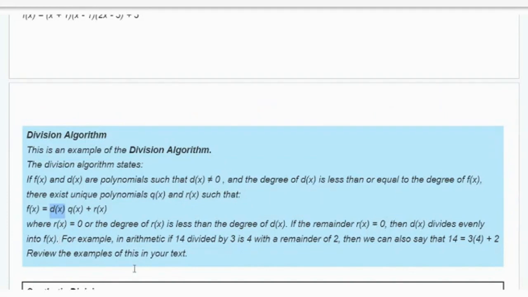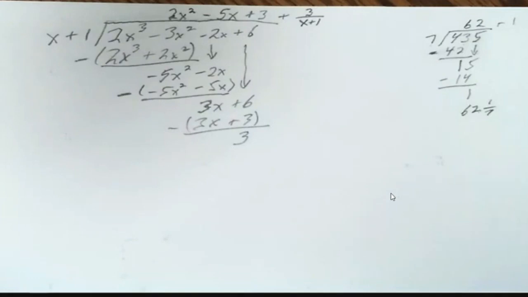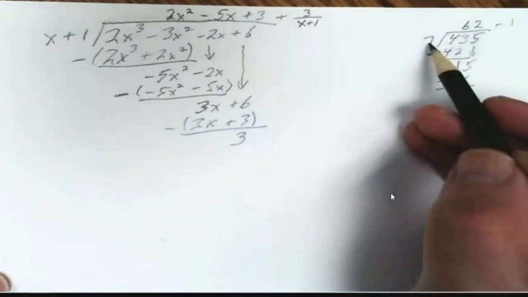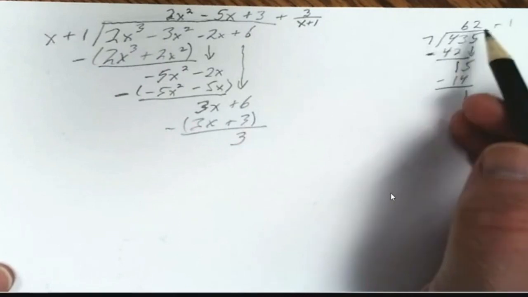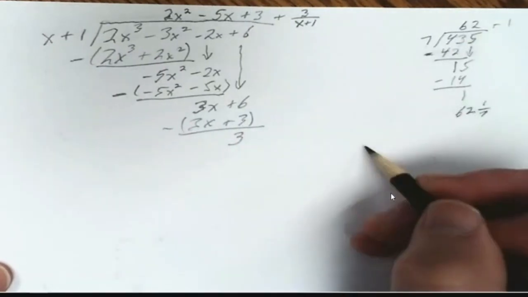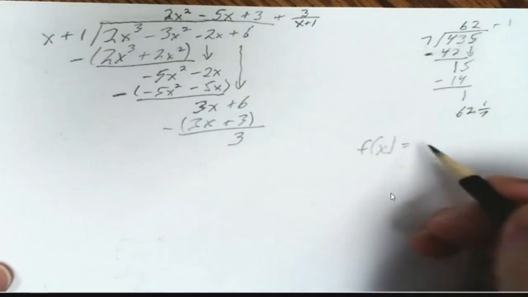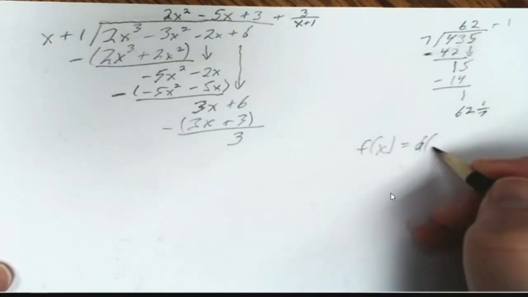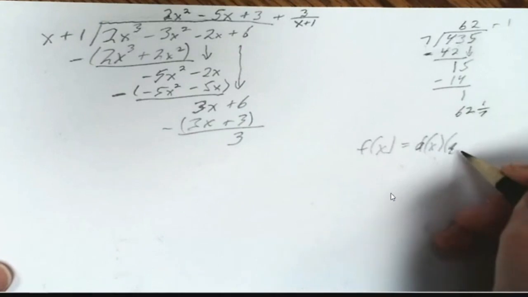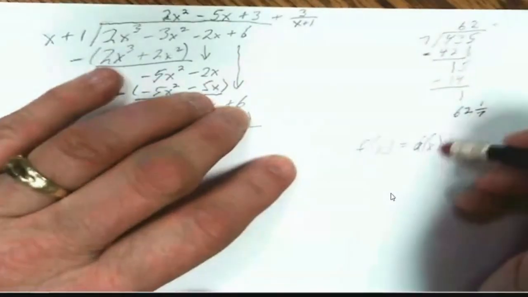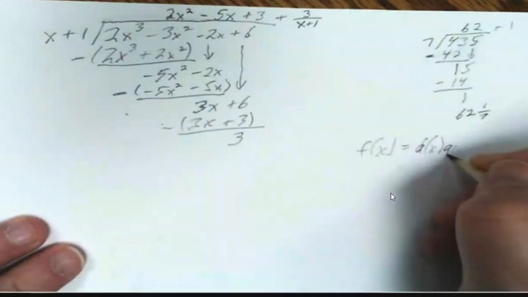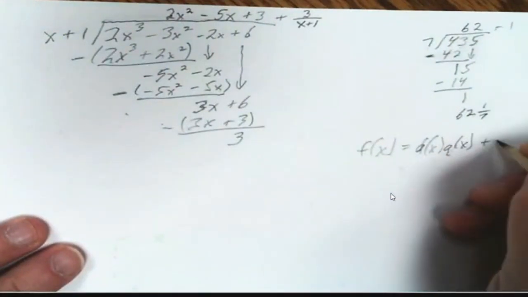For example, in arithmetic, if 14 divided by 3 is 4 with a remainder of 2, we can say that 14 equals 3 times 4 plus 2. So all this mathy division algorithm basically just says there's a divisor and a function, the quotient and a remainder. So the function equals the divisor times the quotient plus the remainder.